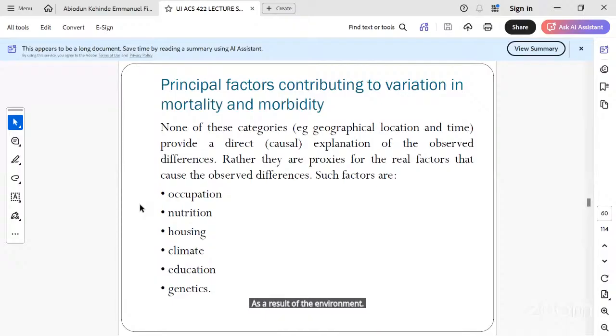So the next is the climate. Okay, so climate is also a major distinguishing factor for mortality and morbidity.